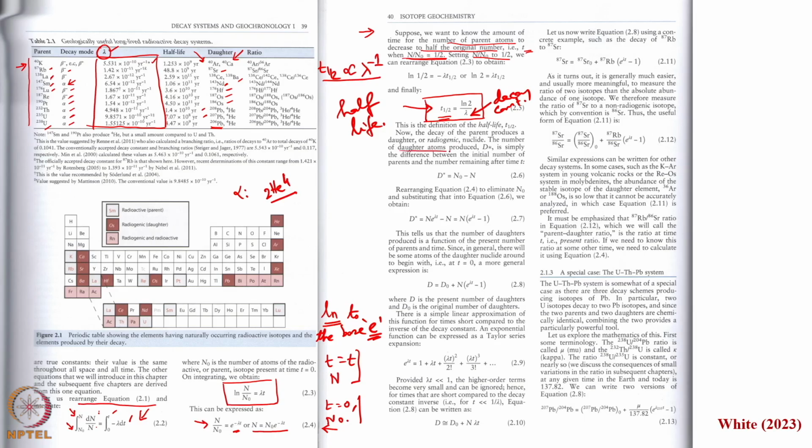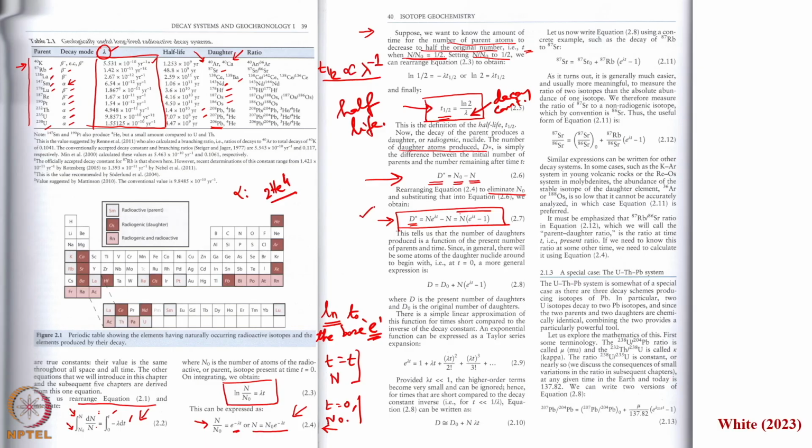Consider that there are D* number of daughter isotopes produced. So, we can say that N0, the initial number of atoms, minus N at time t is equal to the number of atoms produced. So, D* = N0 - N. If we eliminate N0 from this equation and that equation, we come to a new equation: D* = N(e^(λt) - 1).